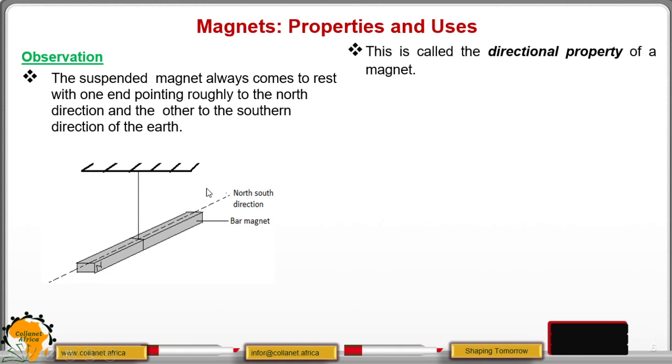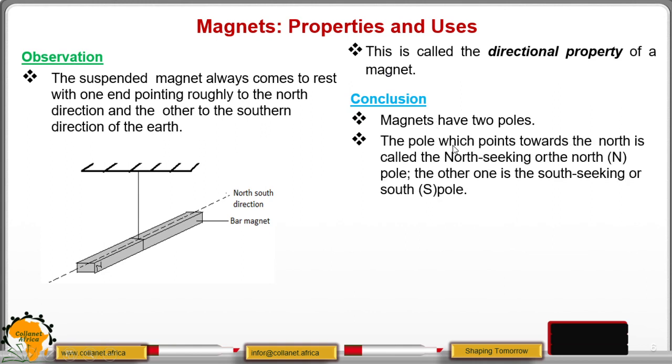Now this one is what we call the directional property. So from that we can make a conclusion that magnets have two poles, and the pole which points towards the north is called the north-seeking pole or just north pole, and the other one that is pointing to the south, we call it the south-seeking pole or south pole.